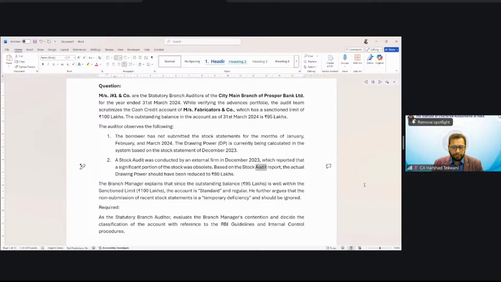Based on the stock audit report, the actual drawing power should have been reduced to 80 lakhs rupees. The branch manager explains that since the outstanding balance, 95 lakhs rupees, is well within the sanctioned limit, 100 lakhs rupees, the account is standard and regular. He further argues that the non-submission of recent stock statements is a temporary deficiency and should be ignored.